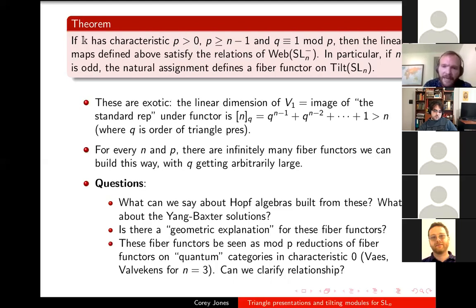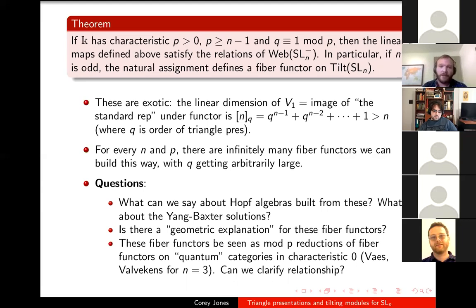And for every N and P, as long as P is greater than or equal to N minus 1, you can find infinitely many triangle presentations and infinitely many Qs. And so you can make these things as big as you want to. And so these give you these interesting fiber functors.